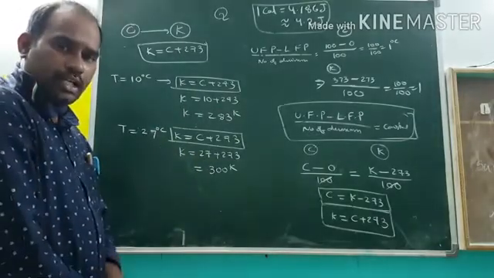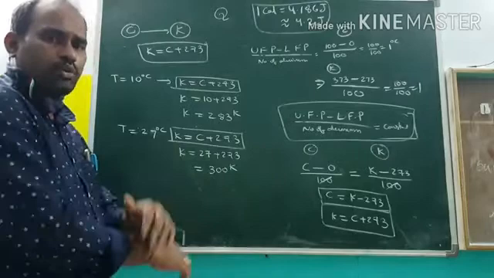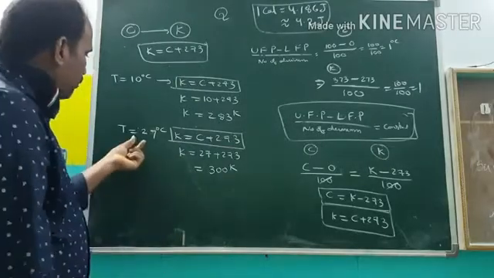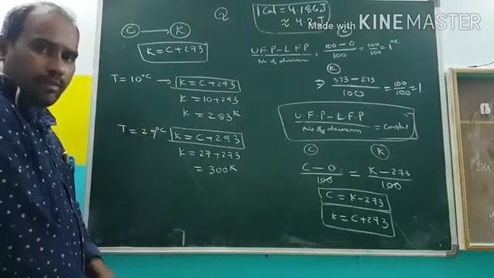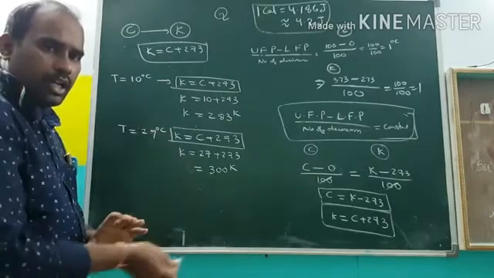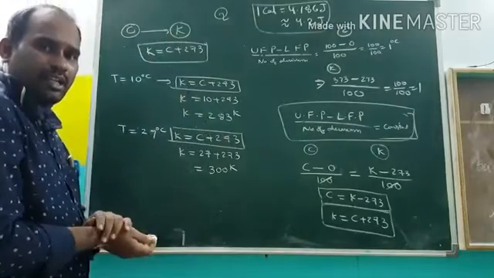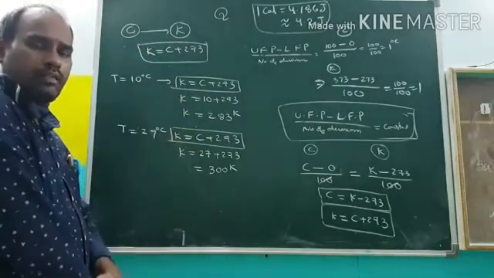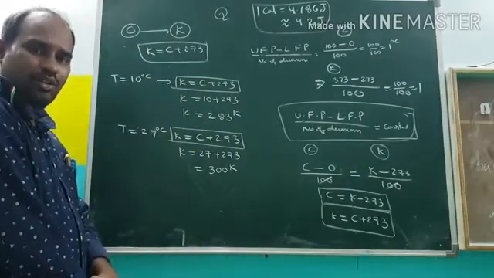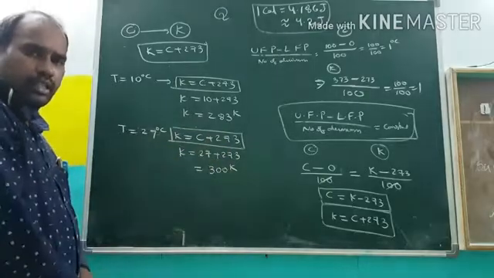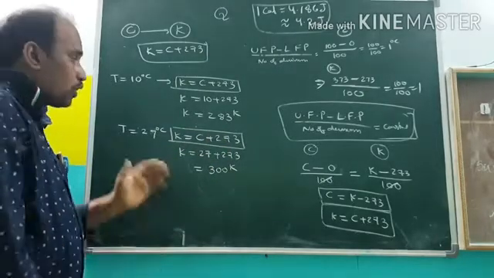What is the shortcut? Simple: add 273. For example, if I give 20 degrees centigrade, how do you convert to Kelvin? Just add 273 to 20. What is that? 293 Kelvin. Simple, you are adding 273 only. Okay, so next.